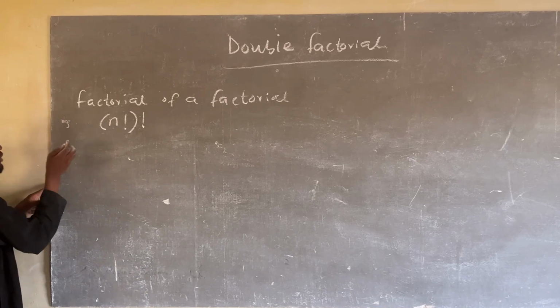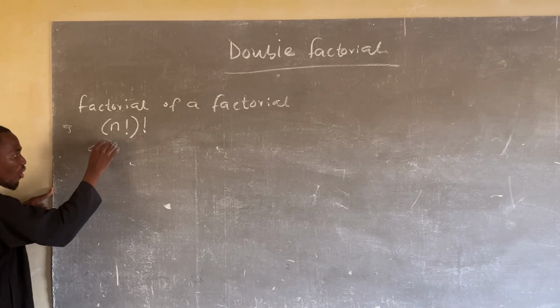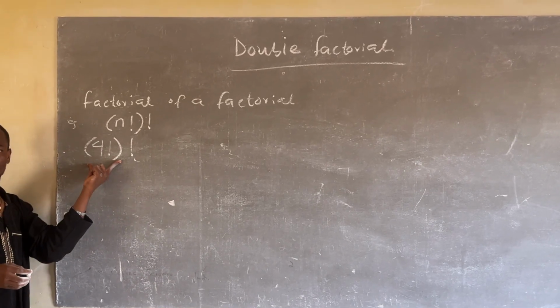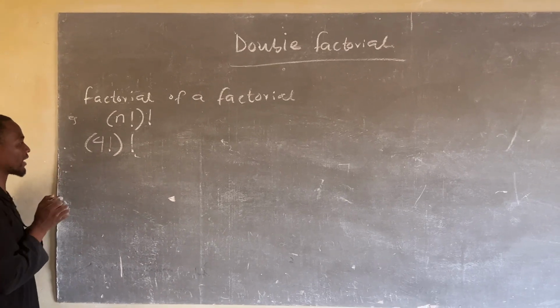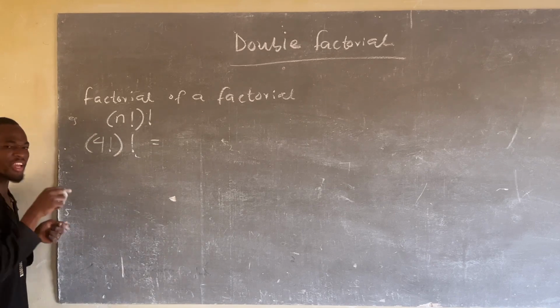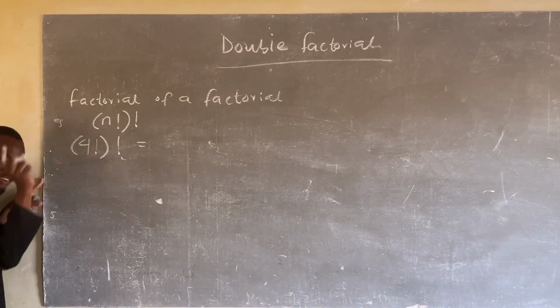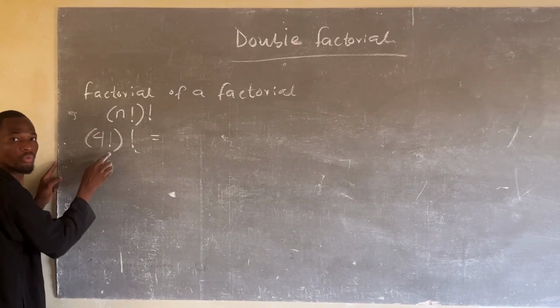For example, if I have 4 factorial of a factorial, we write it this way. Viewers, this is the same as me evaluating the factorial in the parentheses first. So what is 4 factorial?